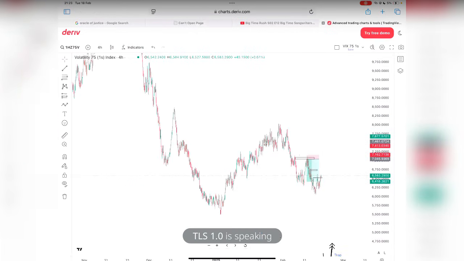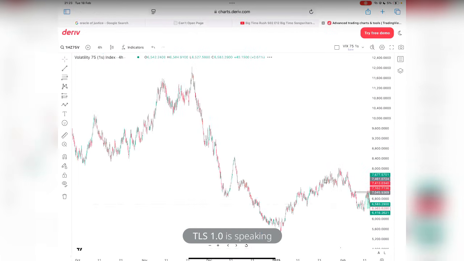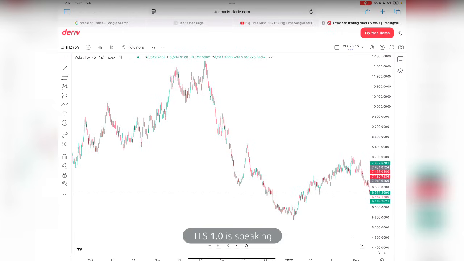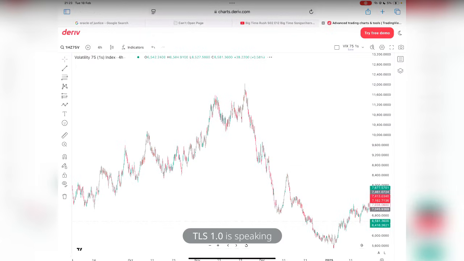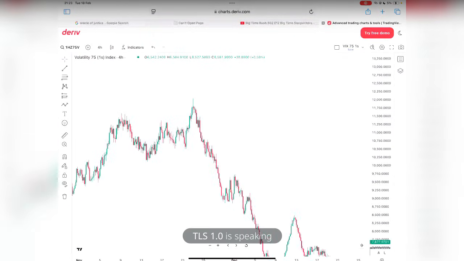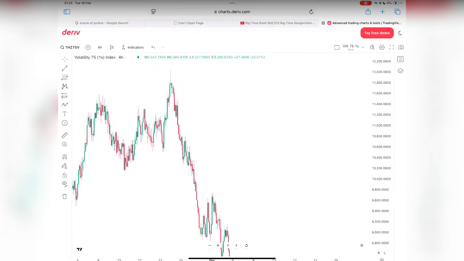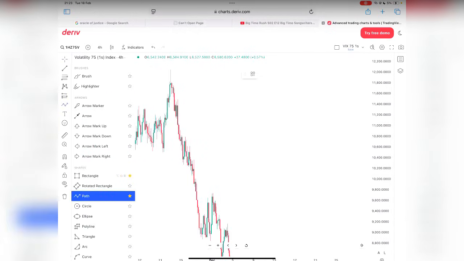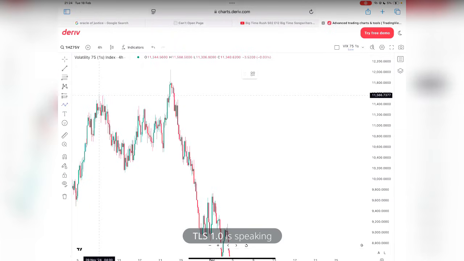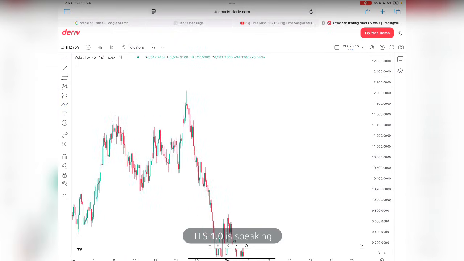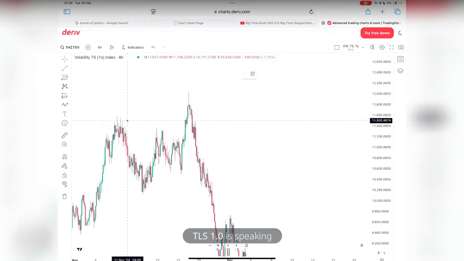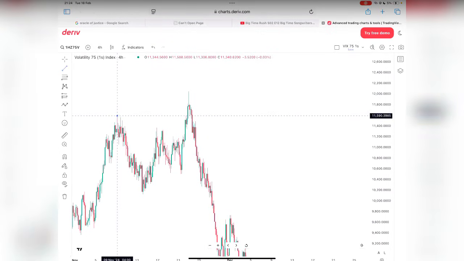So let us proceed. Before you analyze every time, mark out your 4 hour structure. Now let's use for example, if you're talking about a break of structure here, you would simply say that this point here is a point where price broke a swing high, this high.